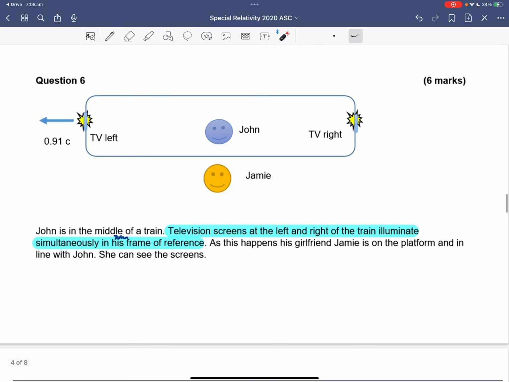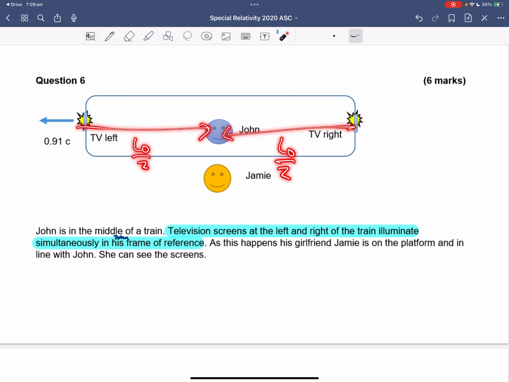So if John observes proper length, John observes this light to travel L0 on 2, and he observes this light to travel L0 on 2.